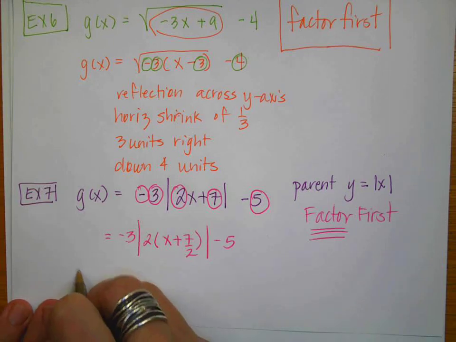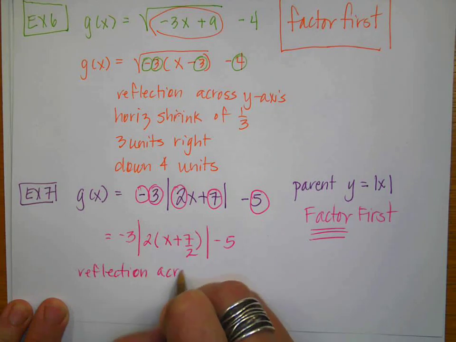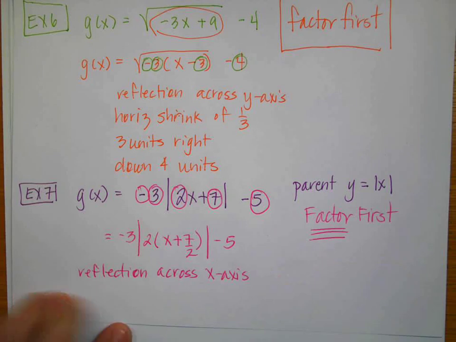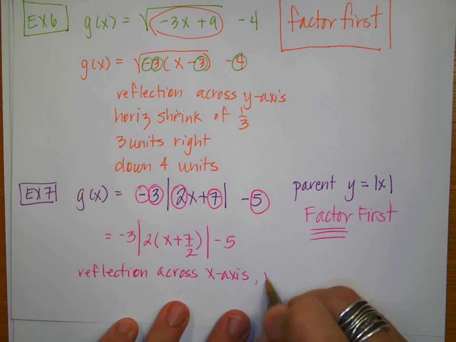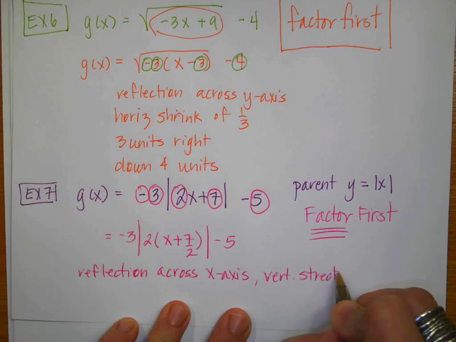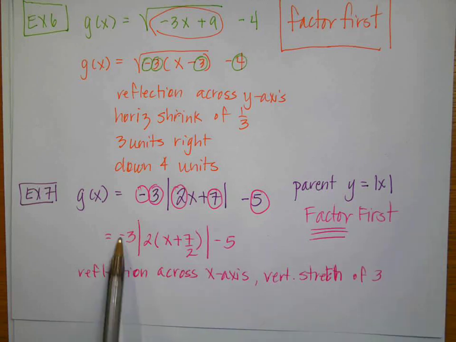Okay? So now I can talk about, I have a reflection across. You always have to tell which direction. The x-axis, because it's outside the function, so it's a vertical change. I have a vertical stretch, I can't spell today, stretch, of 3.